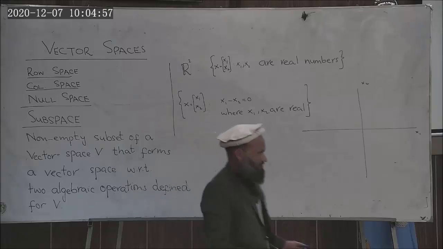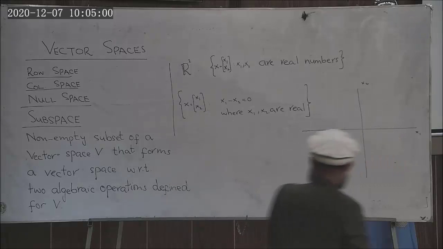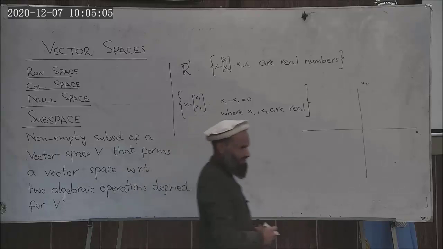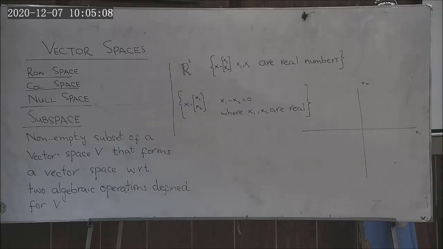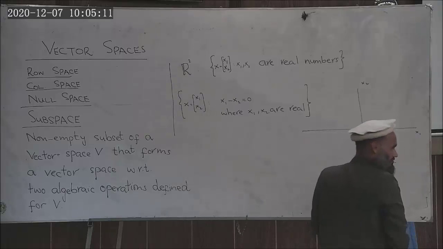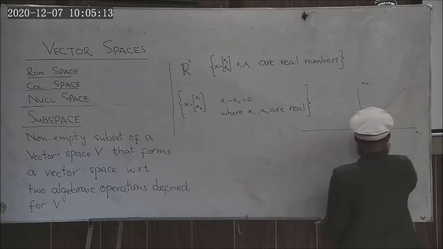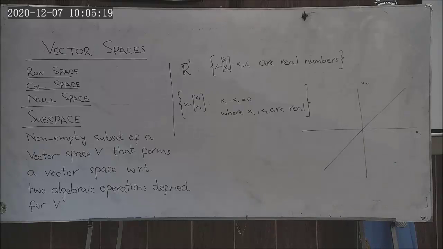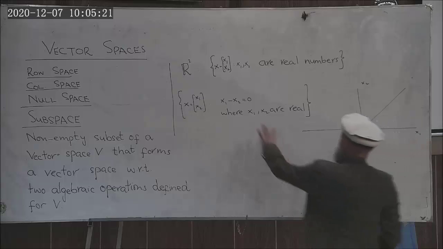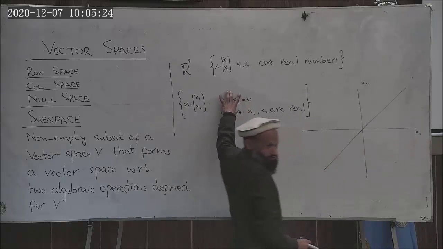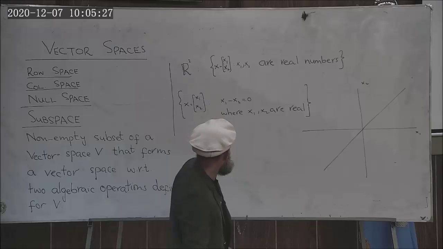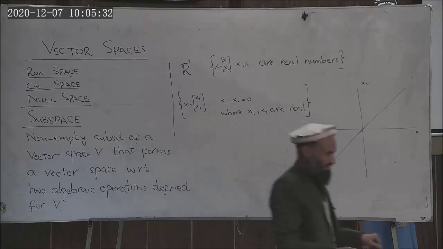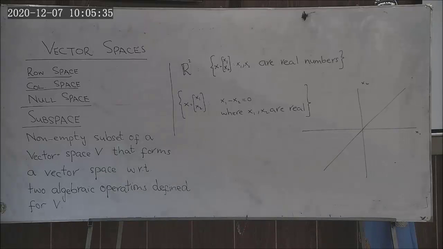Is it a vector space? Can you find the basis for this vector space and the dimension of this vector space? This is a line. So any vector which lies on this line will be a member of this set. You can verify that all those axioms are satisfied for this set.